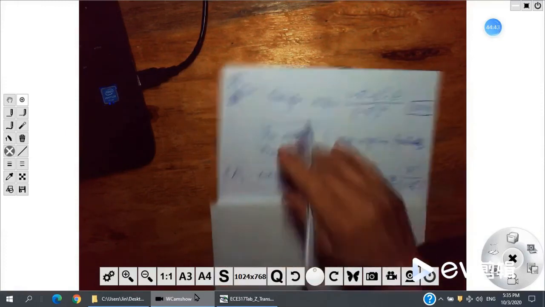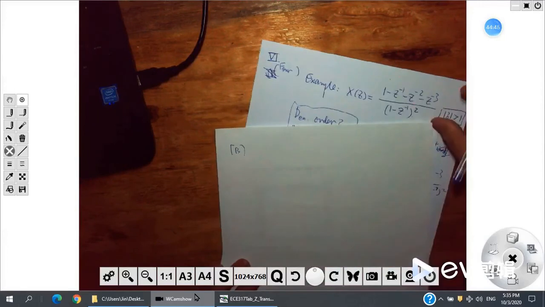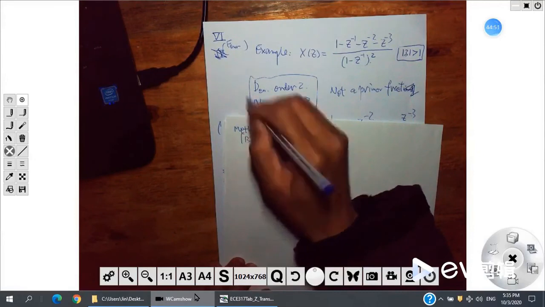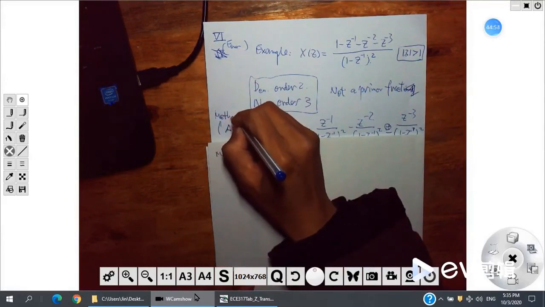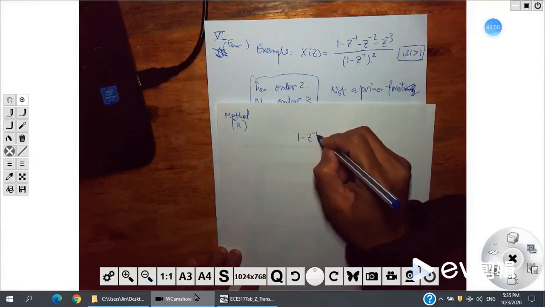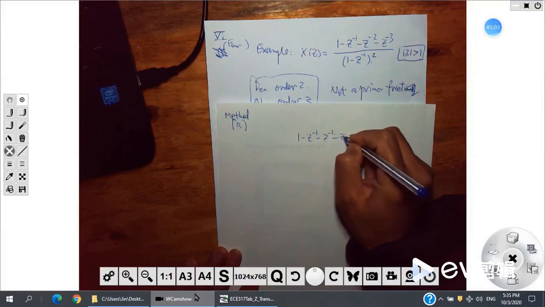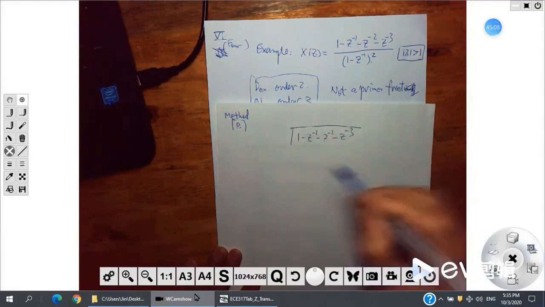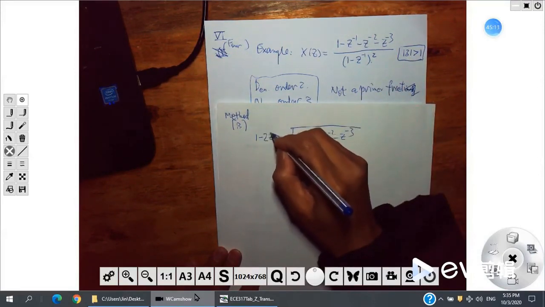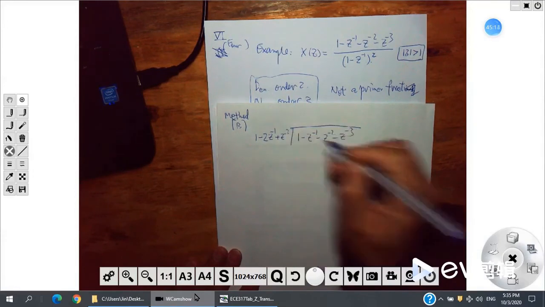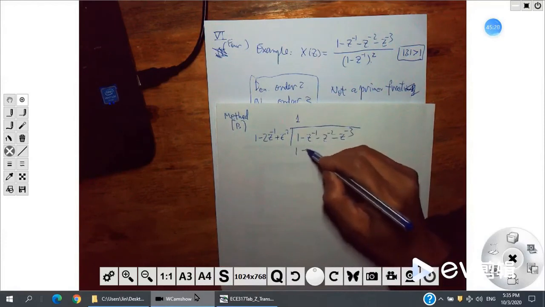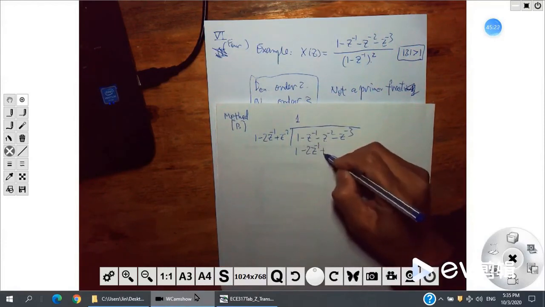So we have 1 minus z to negative 1 minus z to negative 2 minus z to negative 3 divided by (1 minus z to negative 1) square. Let me expand the denominator: it is 1 minus 2 z to negative 1 plus z to negative 2.